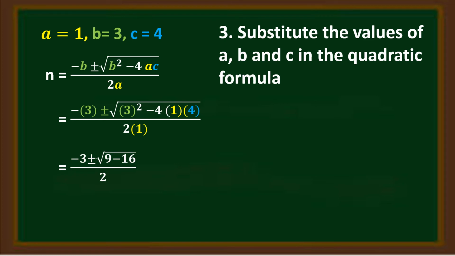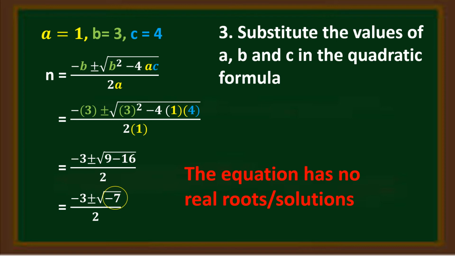Simplifying this equation, we have negative 3, 3 squared is 9, and negative 4 times 4 is negative 16. 2 times 1 is 2. Next, we'll be simplifying the radicand. 9 minus 16 is equal to negative 7. Since the radicand is negative, we can say that the equation has no real roots or no real solutions.